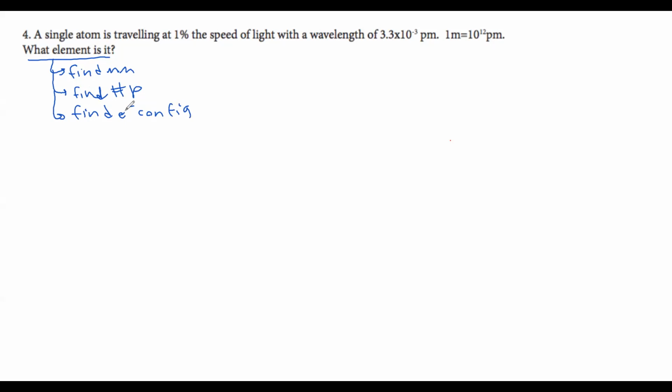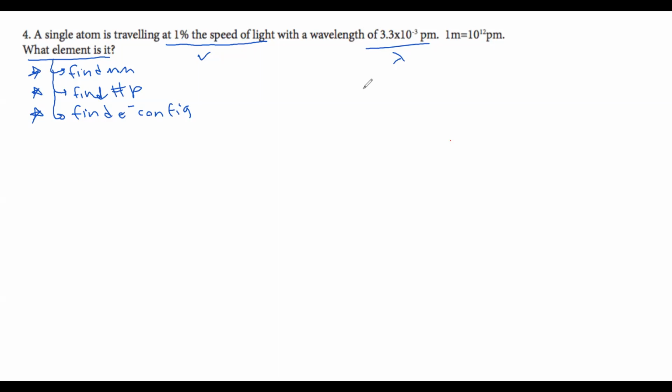We're also given speed or velocity, and we're also given wavelength. So do we have any formula with either mass, number of protons, or electron configuration? You might be thinking about a couple formulas here.